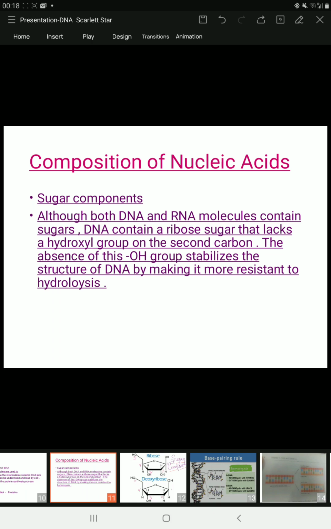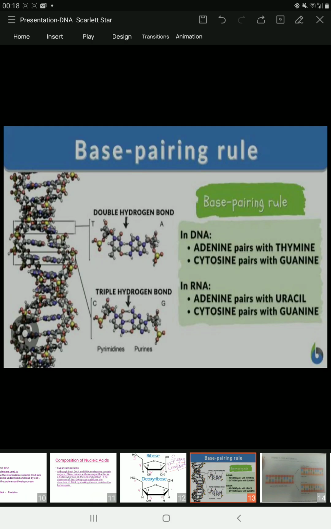So this is what hydrolysis is. This is how it is. It is a stabilized structure. Ribose is more reactive and deoxyribose is less reactive because it lacks the hydroxyl group at the second carbon.